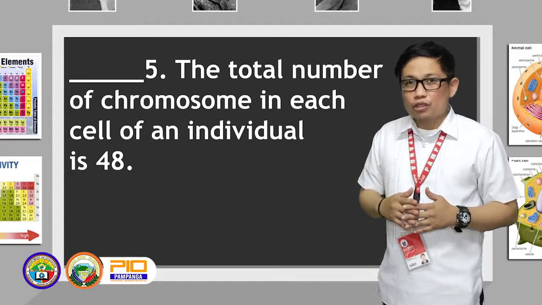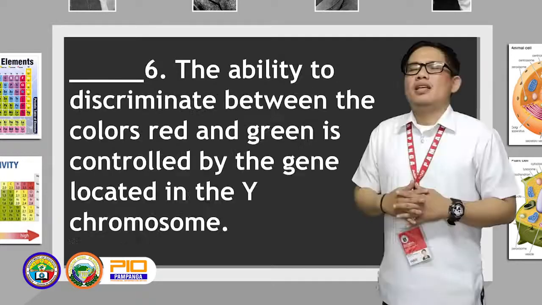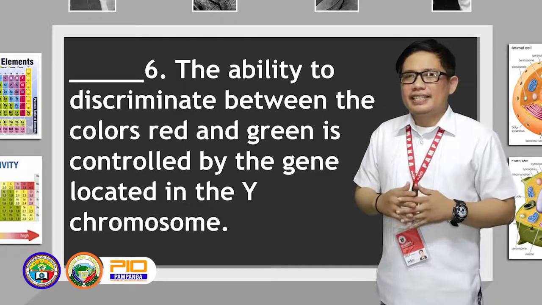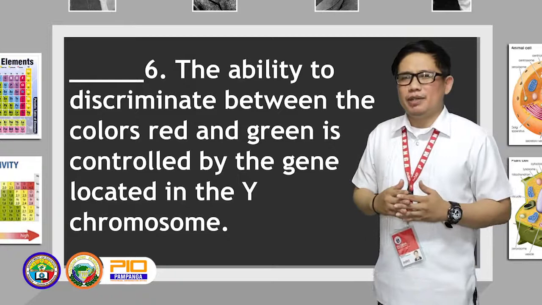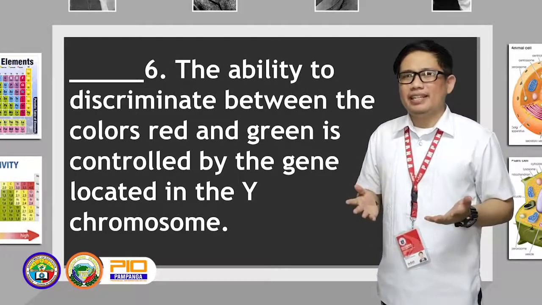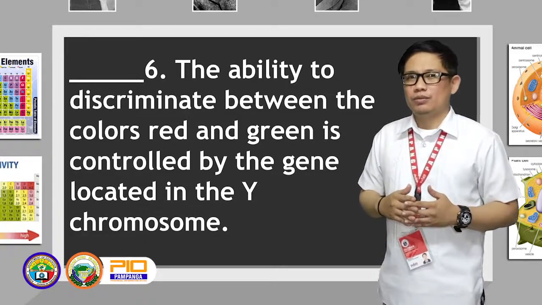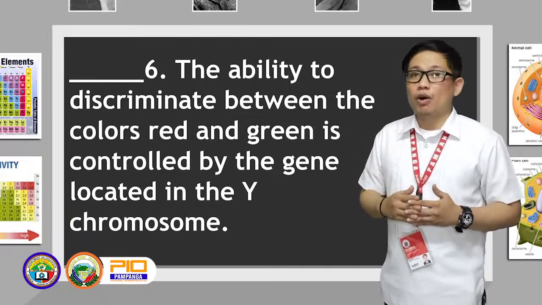True or false? Number 6. The ability to discriminate between the colors red and green is controlled by the gene located in the Y chromosome. True or false?